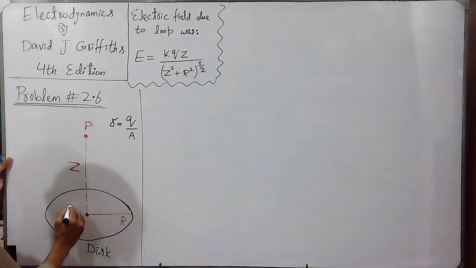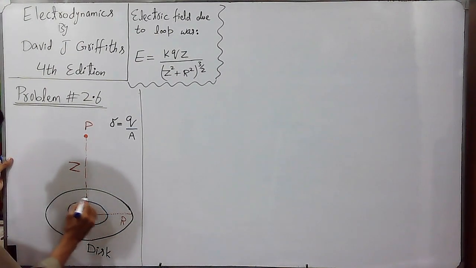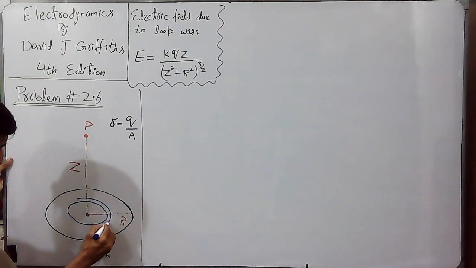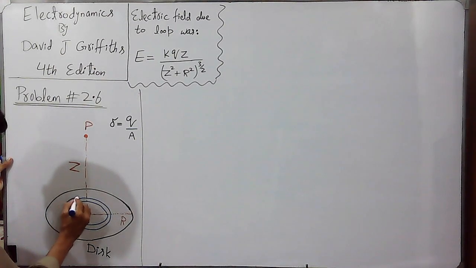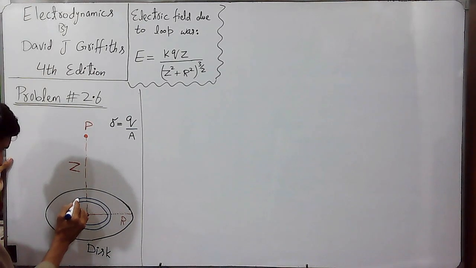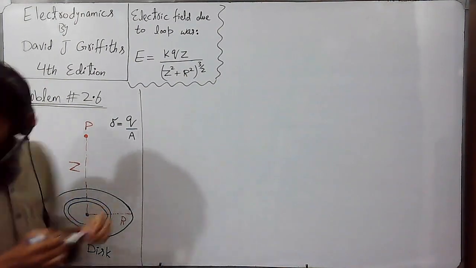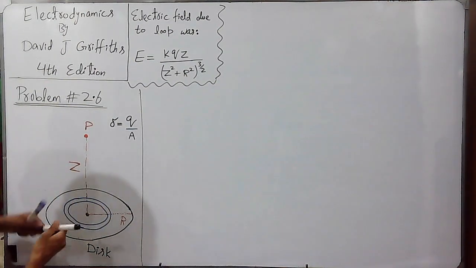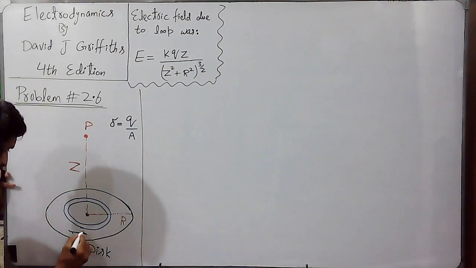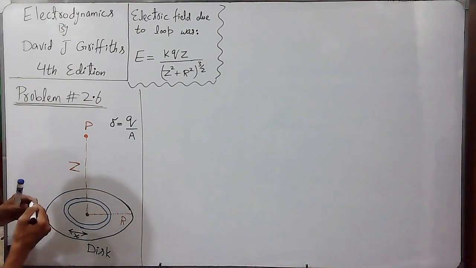Now let us see one of those loops. Let's say this one is our loop, like this one, and the radius of this loop is named as x. So this is the radius of our loop, named as x.